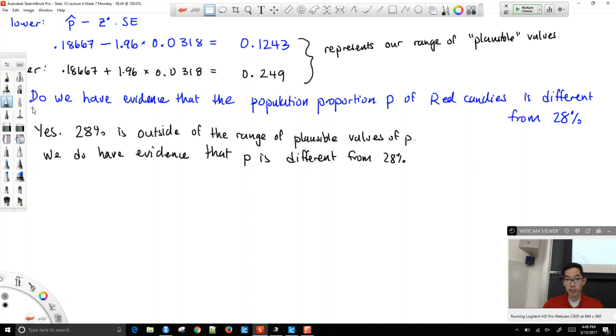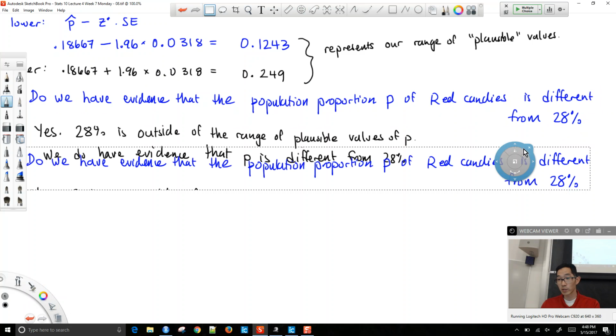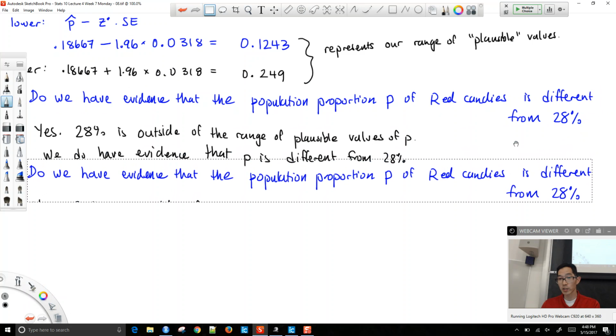I'm going to ask a very similar question, but this time instead of 28%, I'm going to ask about 20%. Do we have evidence that it's different from 20%?